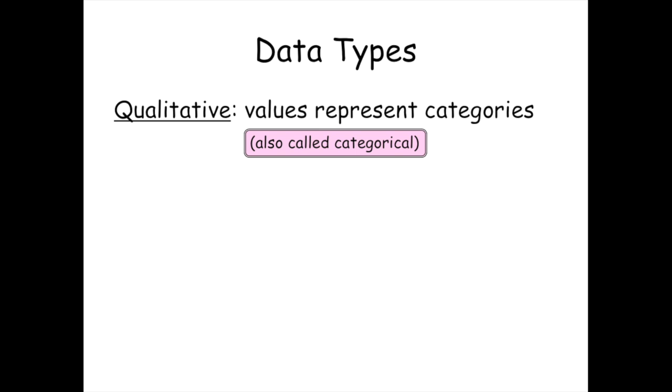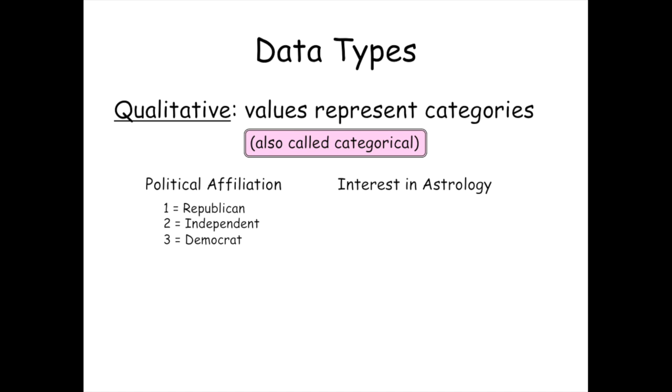There are two main types of data. The first is qualitative, or categorical. For this type of data, the values stand for categories. Political affiliation and interest in astrology are both qualitative variables. For political affiliation, the numbers assigned to each category are chosen arbitrarily.